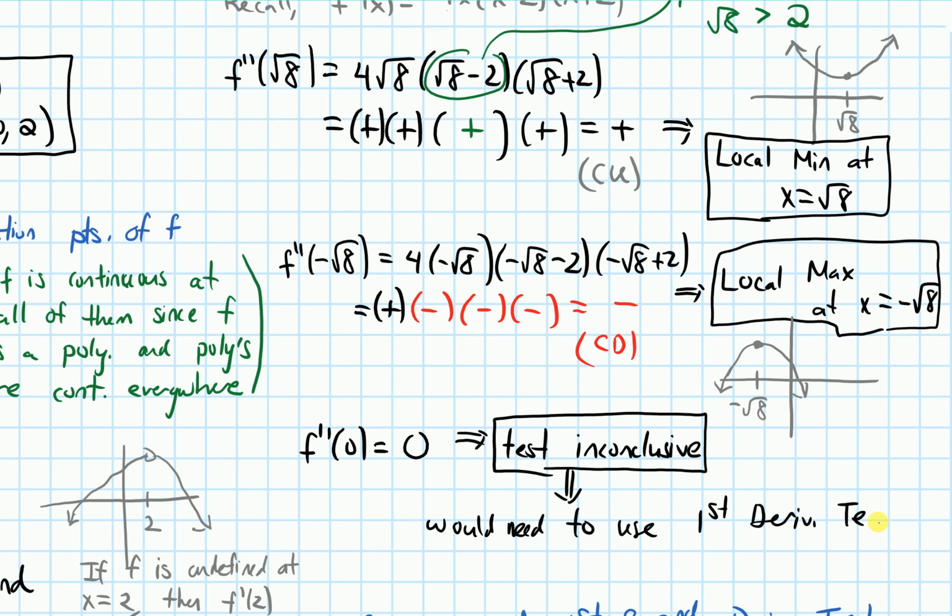Okay, so that's one of the negatives of the second derivative test. The fact that you can run into a situation where it's inconclusive and then have to use the first derivative test at the end of it.